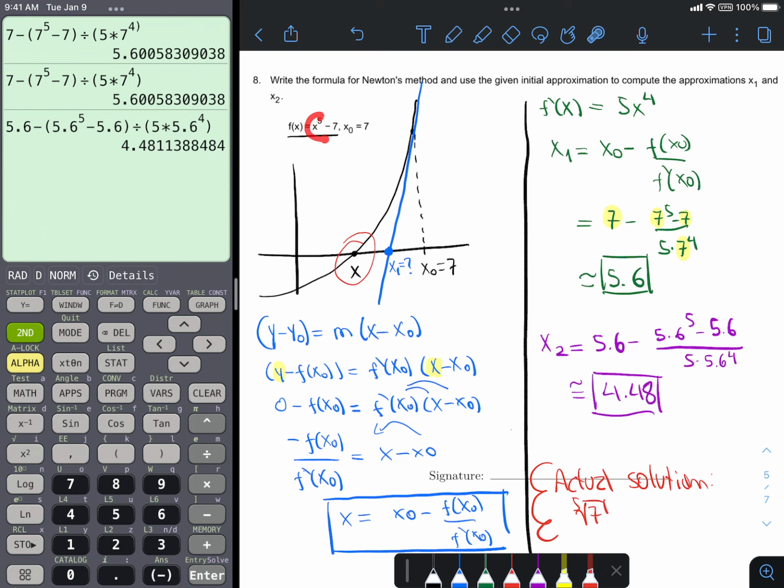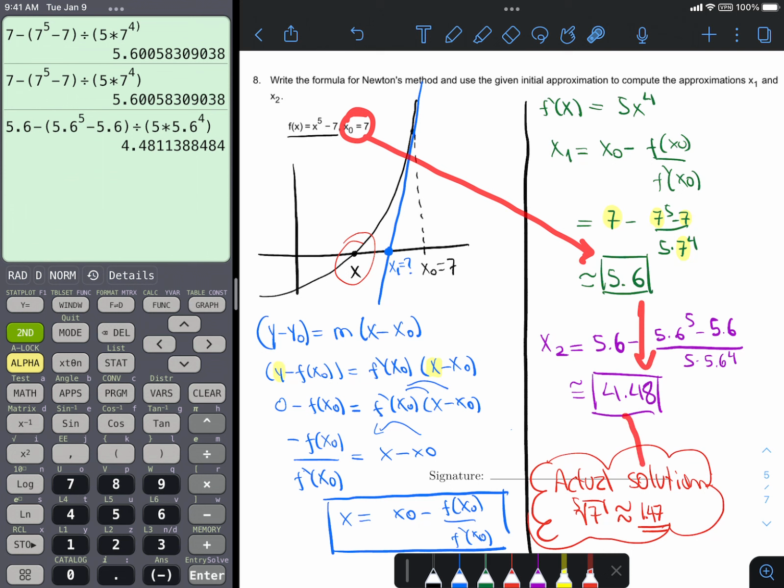Because if that equals 0, move the 7 over. x to the 5th equals 7. That's the 5th root of 7. And what's the decimal approximation of this? That is approximately equal to 1.47, which is pretty far away. But you can see that at least we're moving in the right direction. We started with 7, and we're moving to smaller numbers. If I keep doing that, maybe eventually I'll reach that 1.47.